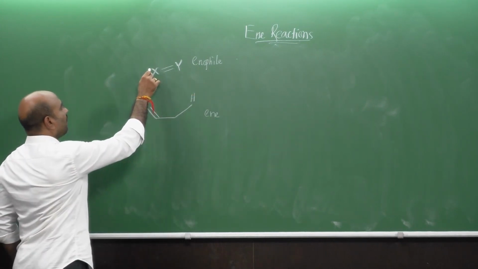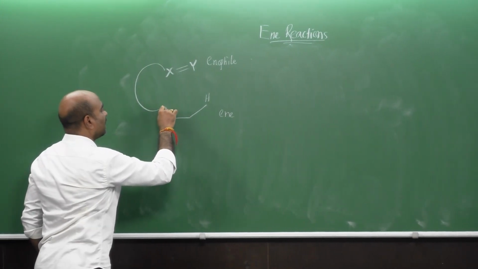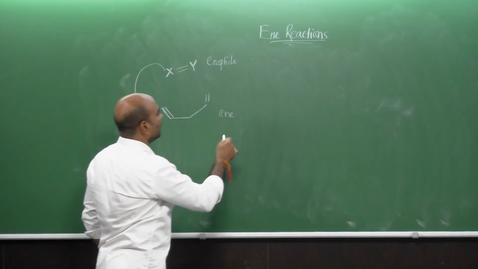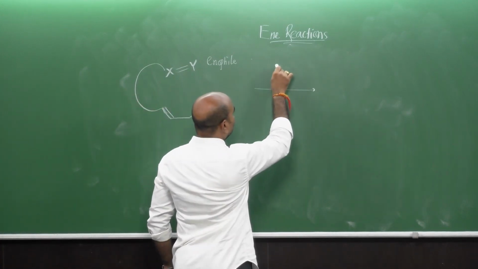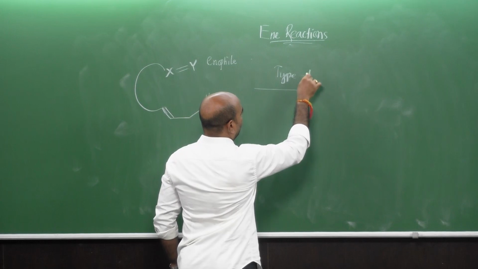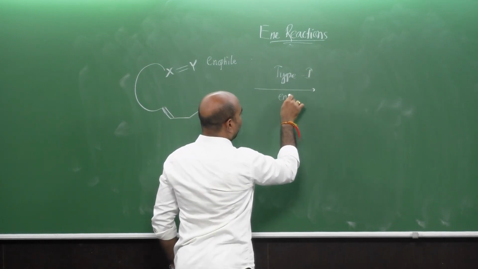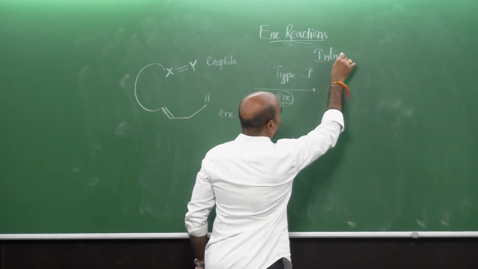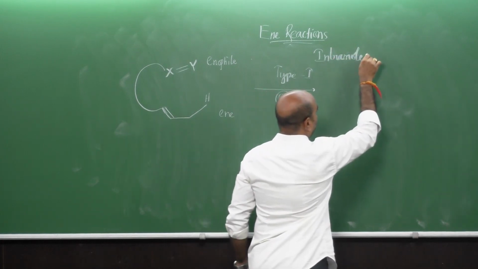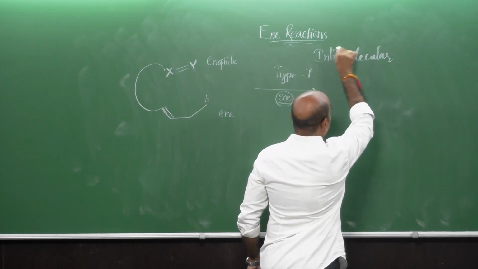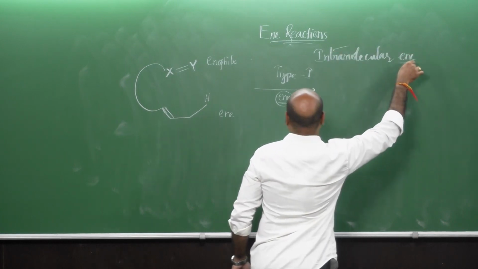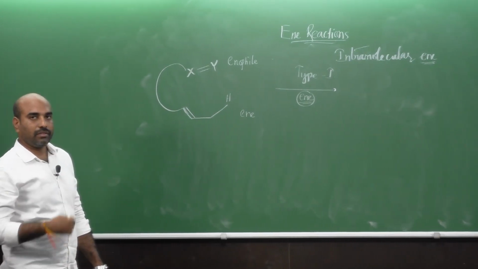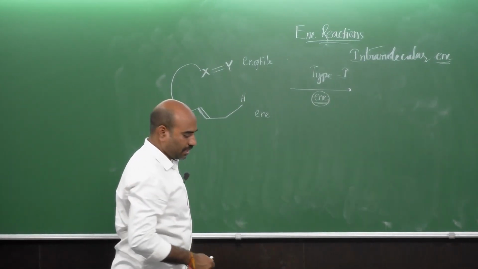If the enophile is directly connected to the ene component like this, we take it as type 1 intramolecular ene reaction.